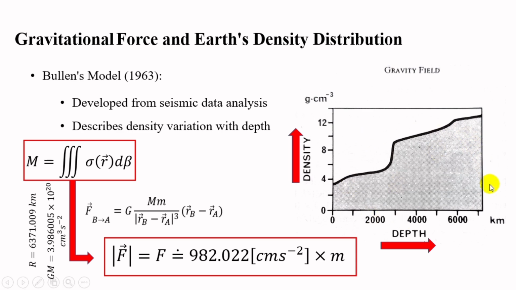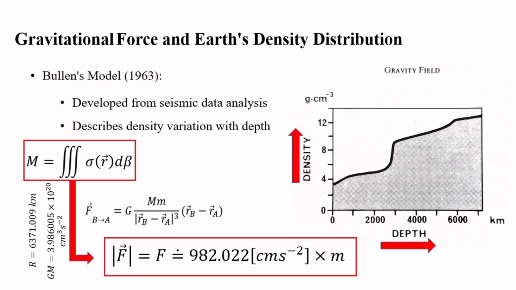So, in a symmetrical Earth model, density is uniform at any given depth but varies with depth. It means the Earth looks the same in every direction from the center. Because of this symmetry, the gravitational force at any point on or above the Earth's surface always points directly toward the center of mass.